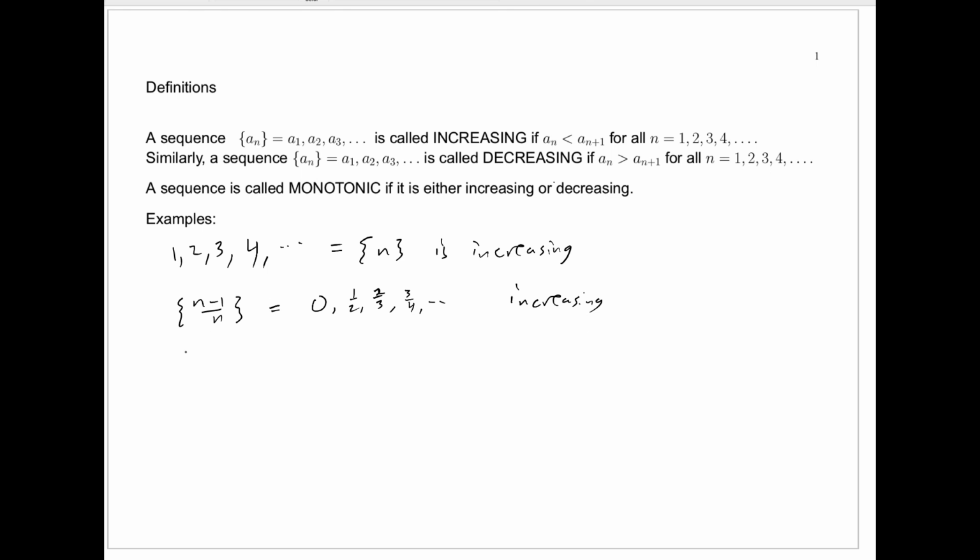If we look at the following sequence, 1 over n, that's 1, 1/2, 1/3, 1/4, etc. It's pretty clear that this sequence is decreasing, since each term is smaller than the previous term. There are many sequences which are neither increasing nor decreasing.